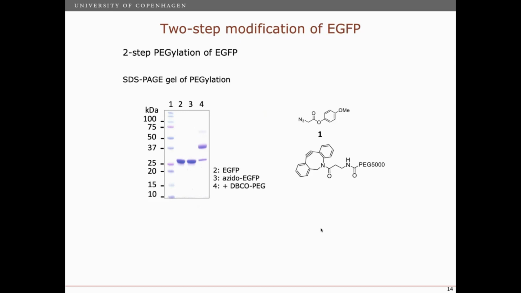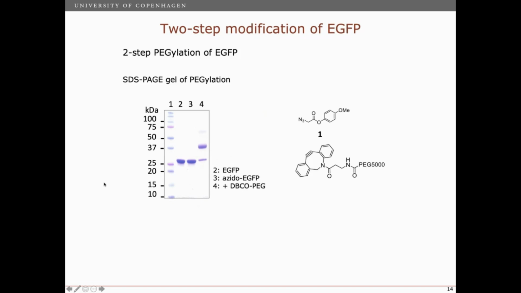And here you can also see it by gel: starting material here, reaction of GFP with the azido compound, and then strain-promoted clicking in here. That moves it from here up to here. This now introduces a PEG chain, and you see a clear shift here in the band.